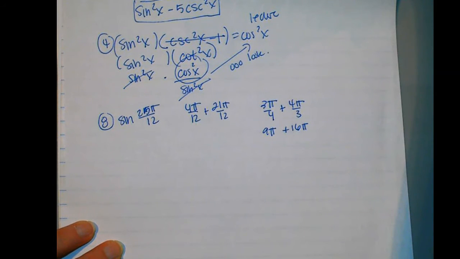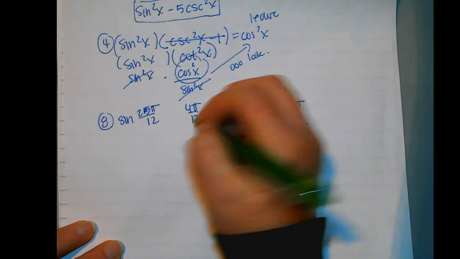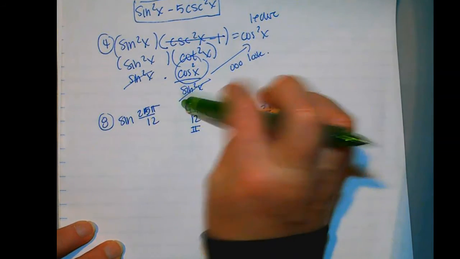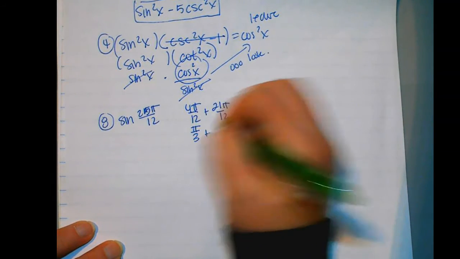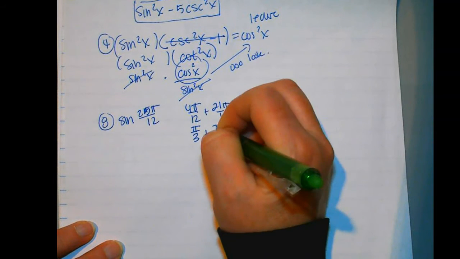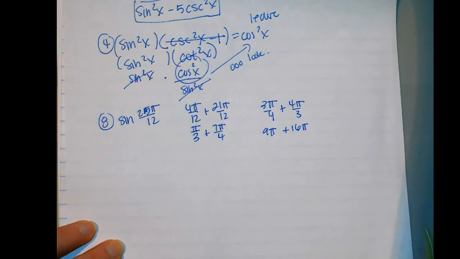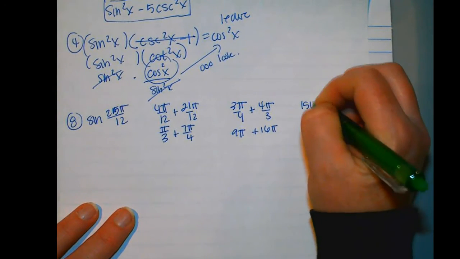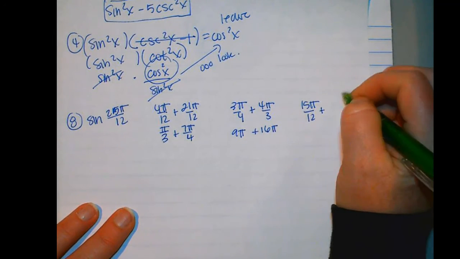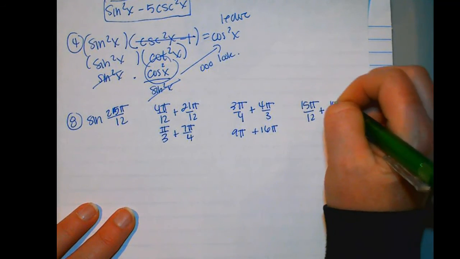Why? Because these are periodic functions. So mine would have been pi over 3 plus 3 goes 7 pi over 4. So 15 pi over 12 plus 10 pi over 12.